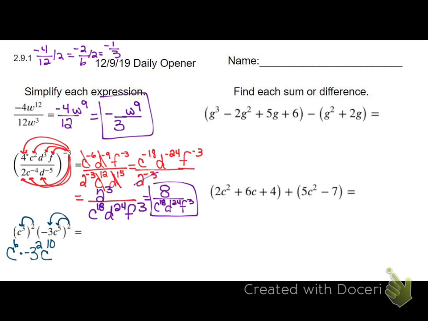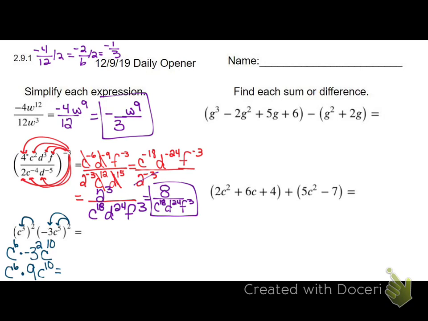Why am I not finished? There's two things I have to do yet. Toby, what's one? Negative 3 to the second power equals, not negative 9, 9. So 9. And last step. What's my final step here? Not combine like terms, but I'm going to multiply, right?